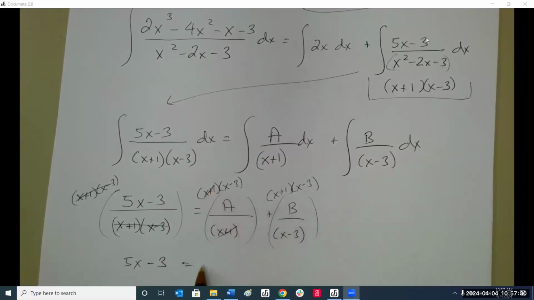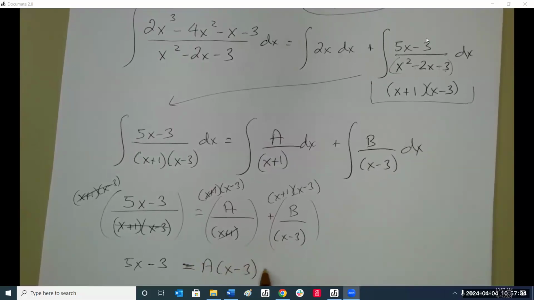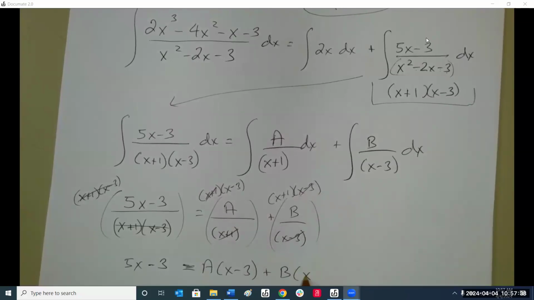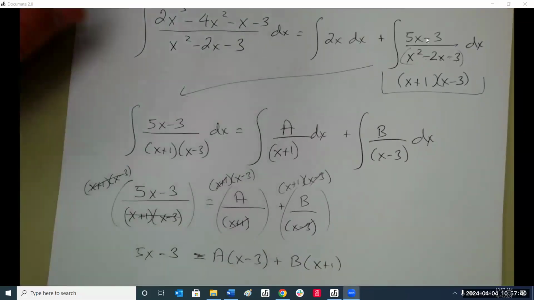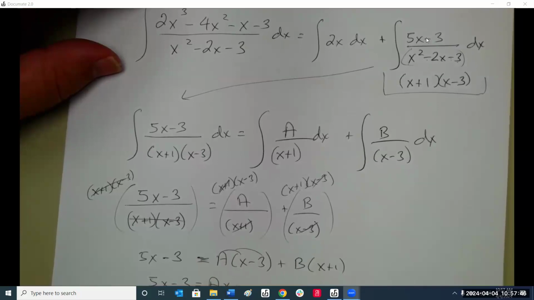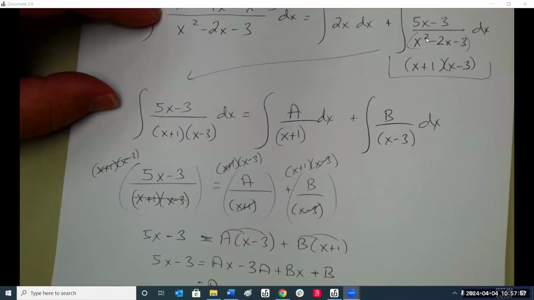The x + 1 cancels, so I have A(x - 3). The x - 3's cancel, so I have B(x + 1). Distribute. Regroup.